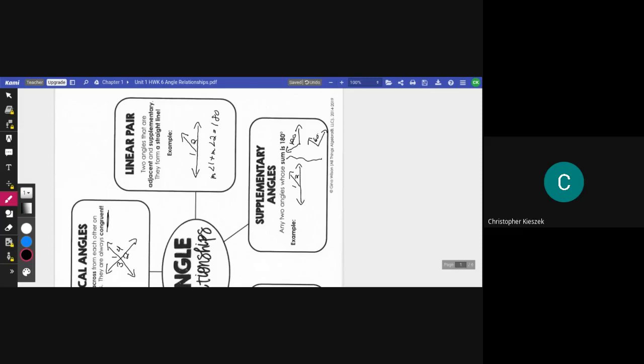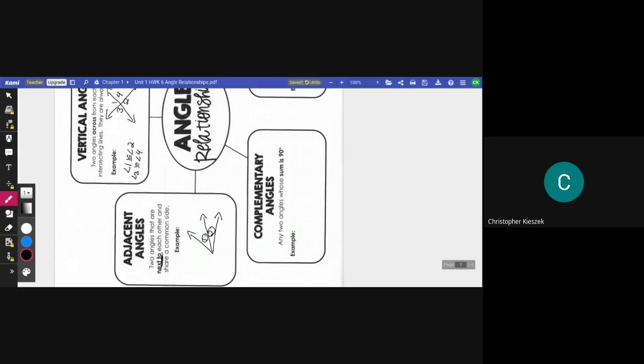And they would be considered supplementary. Complementary angles are angles that add up to 90. So again, same concept. I could have the angles connected to each other and they add up to 90, or I could just have two angles whose measurements add up to 90. So 30 and 60, you could say.